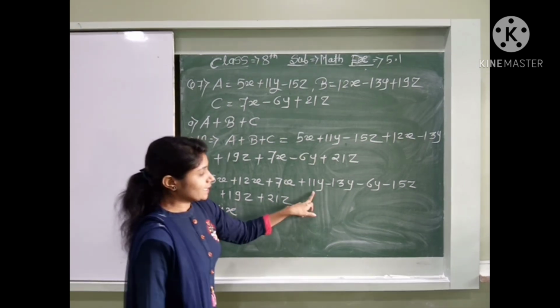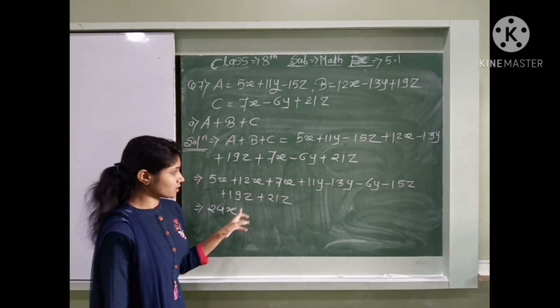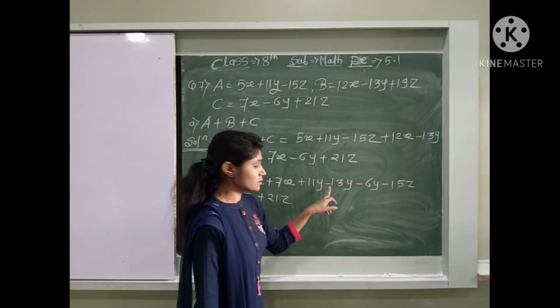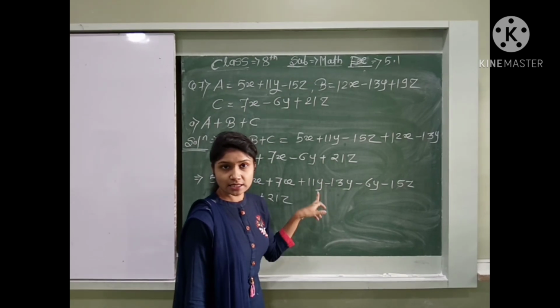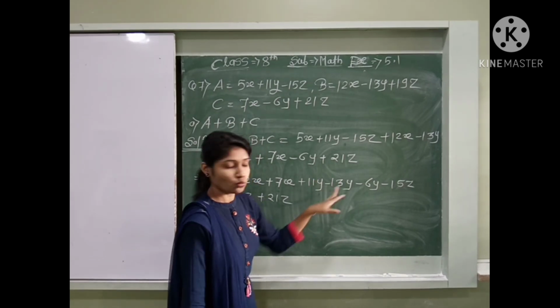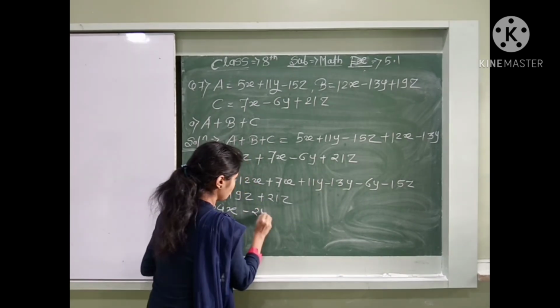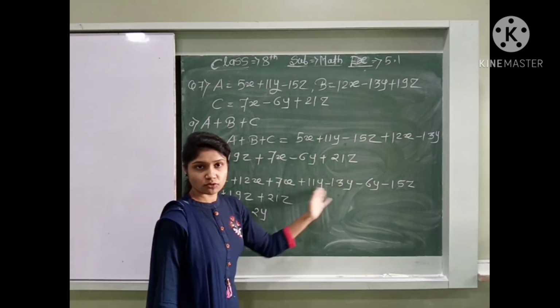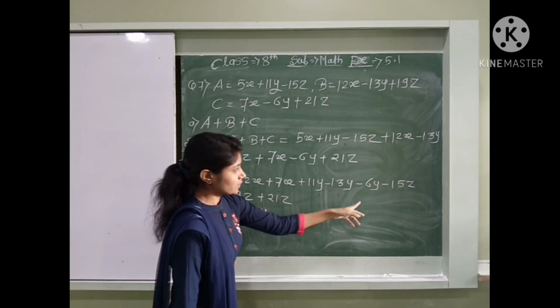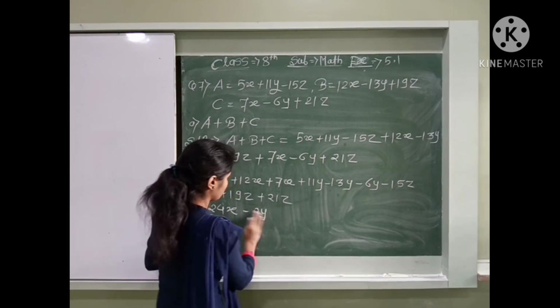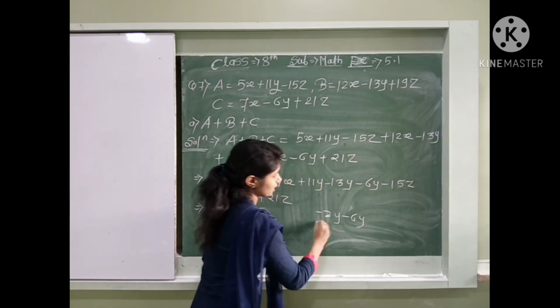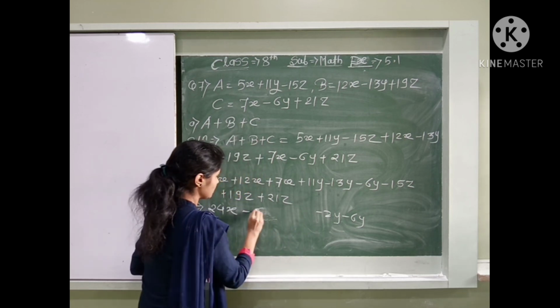Then we solve the y term: 11y minus 13y. 13 minus 11 is 2, and the greater number's sign is minus, so minus 2y. Then minus 2y minus 6y is minus 8y.